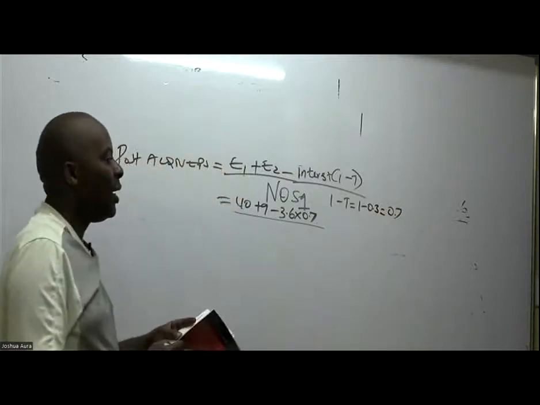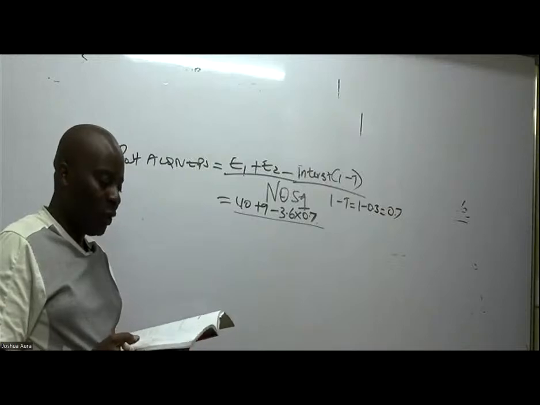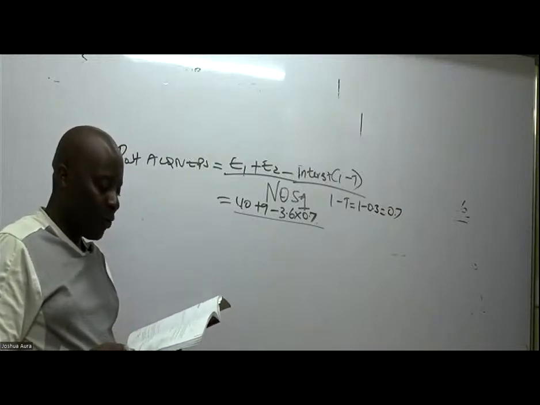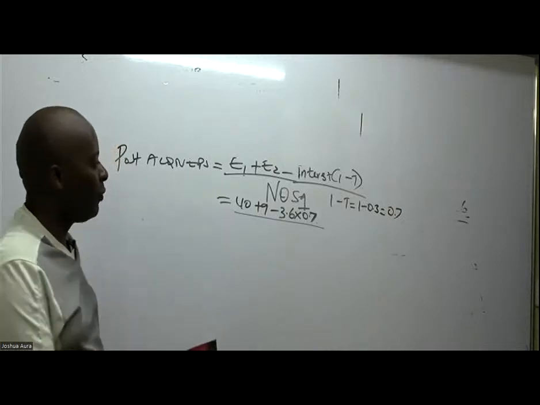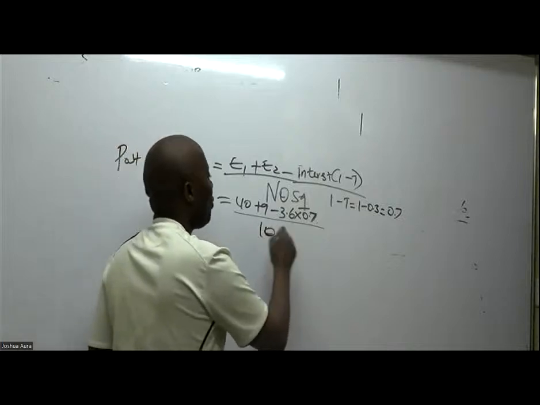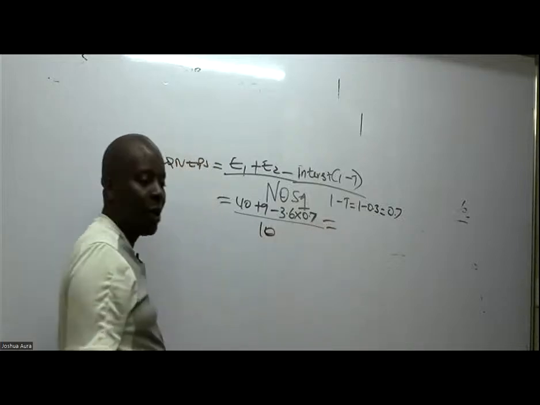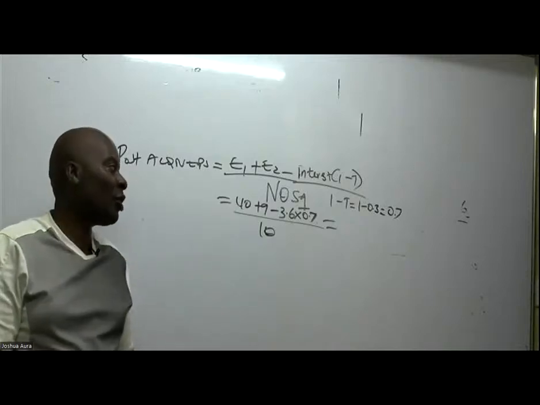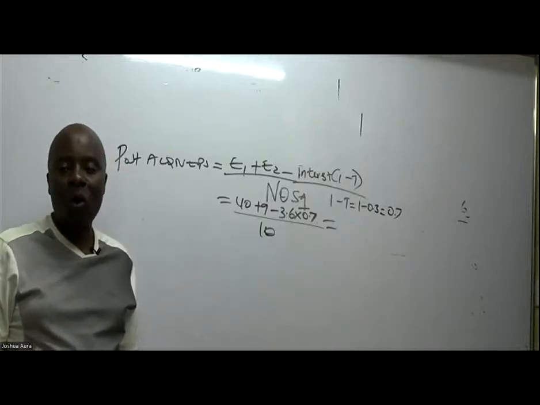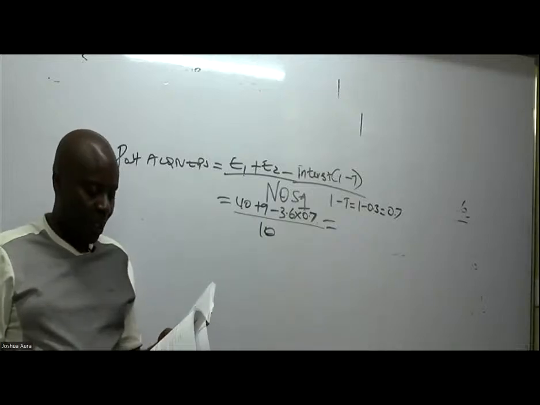All over the number of ordinary shares of the first company. What do we have here? Outstanding ordinary shares of the first company, they are 10. Here you have to be very careful with the brackets. First of all, get the numerator correctly.